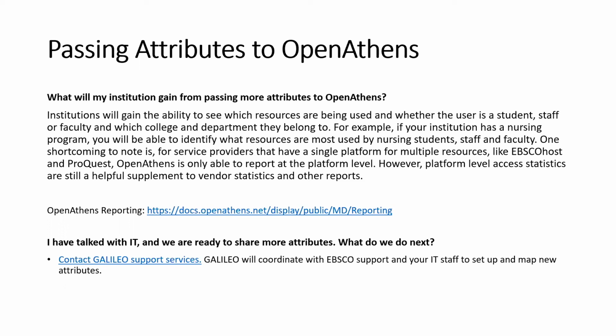If you have gotten a commitment from your IT department to work on this, you can simply contact Galileo, and Galileo will arrange an online meeting with EBSCO support. It usually takes 30 to 45 minutes to get this all set up, depending on their comfort with setting up something like this. But it is a very simple process overall.